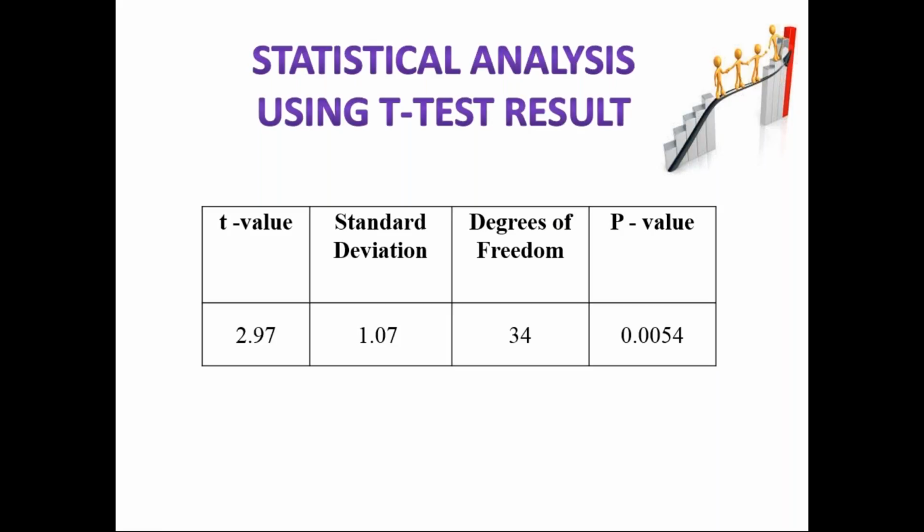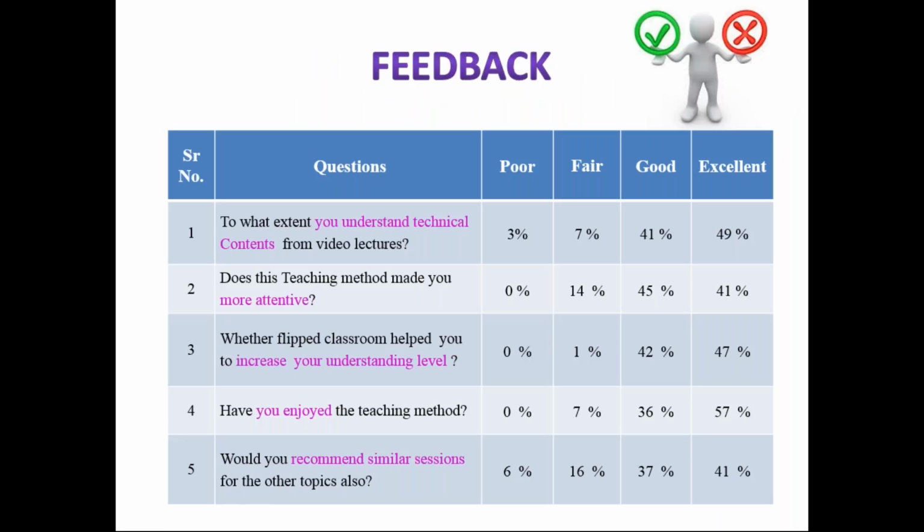If so, T must be at least 2.145 and P should be less than 0.05. Here you can see that the T value is more than 2.145, whereas the P value is less than 0.05. So I can see that my experimental group and control group results vary significantly.